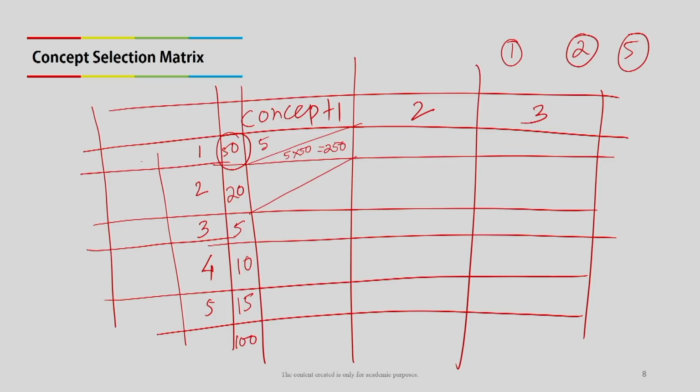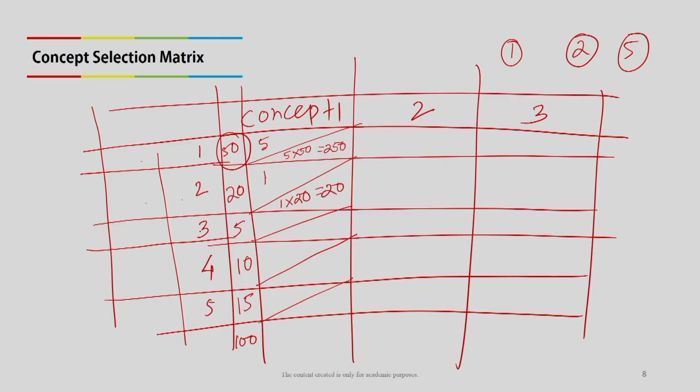Similarly, in each box you have to calculate. For concept 1, for the next criteria, whether it is fulfilling this criteria or not. If it is not fulfilling the criteria, I can put 1. So, 1 into 20.